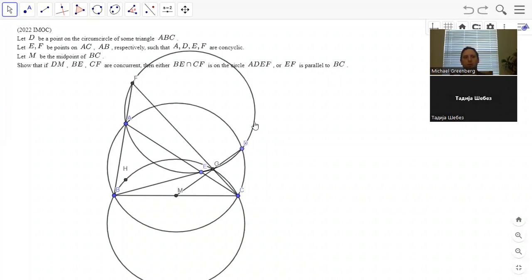Well, no, we assume they're concurrent, and then we want to show that it's on the circle. Yeah, it's a little tricky.